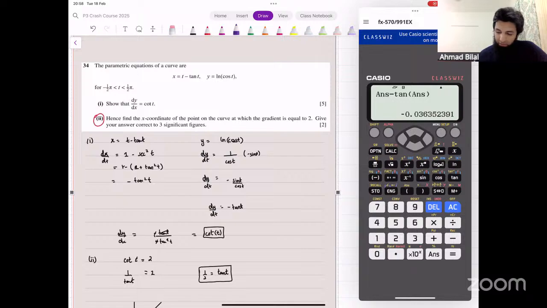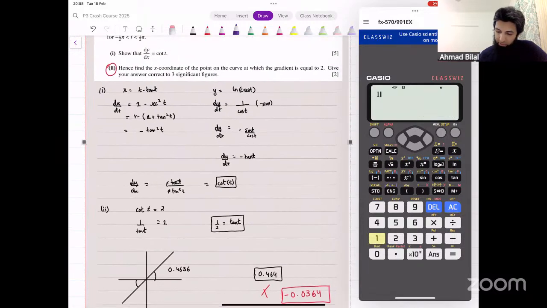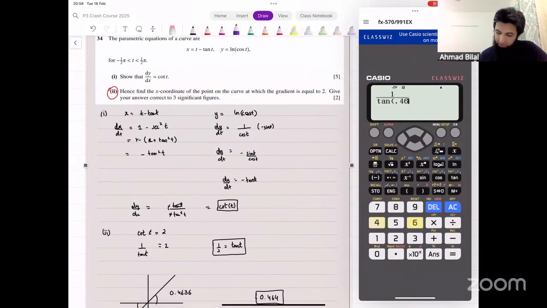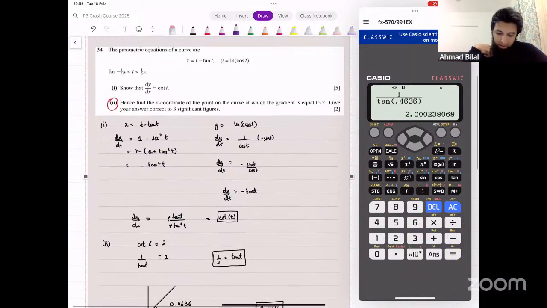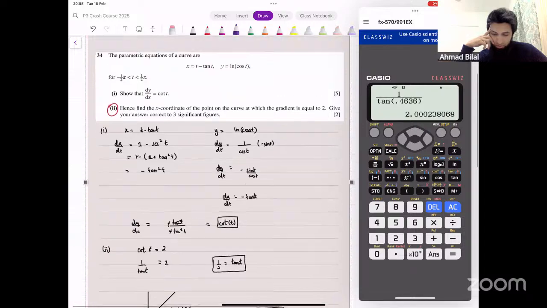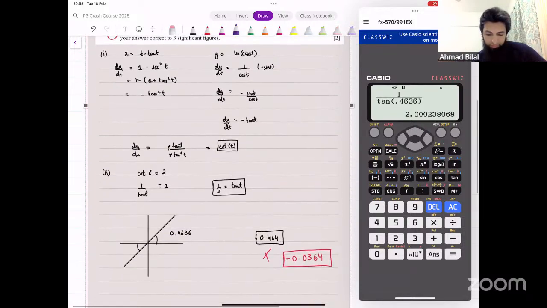Cot of t, right? 1 over tan of answer. Okay, नहीं वो तो x था ना. अच्छा. 1 over tan of 0.4636. So I said the 2 so the value of t is correct, and when you input that value of t in that equation, yeah, it's सही लगा. This should be correct. What's the problem? मेरे ख्याल से सर फिर एमएस में गलत होगा.